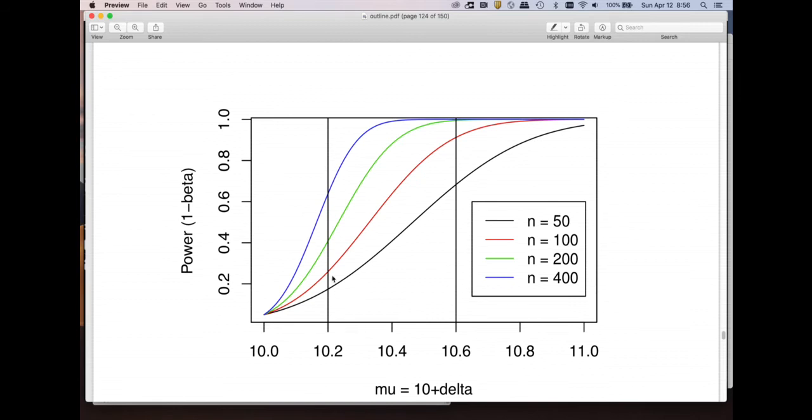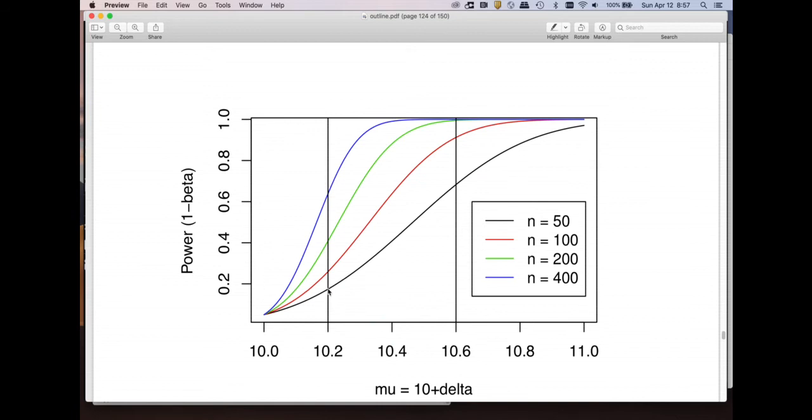However, as the sample size increases, the probability that I reject H naught increases. So if I'm using a sample size of 400, you can see that there's about a 2/3 chance that I'm going to reject the null hypothesis. Whereas if I only have a sample of size 50, the chances that I reject the null are pretty slim.